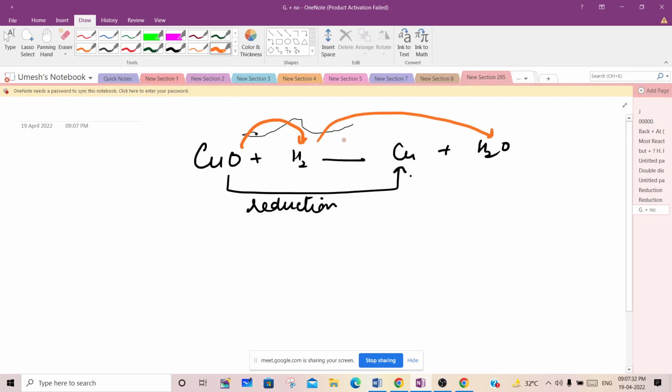It means hydrogen is oxidized. The same reaction, oxidation and reduction are going on. Copper oxide is reduced and hydrogen is oxidized. Getting me?